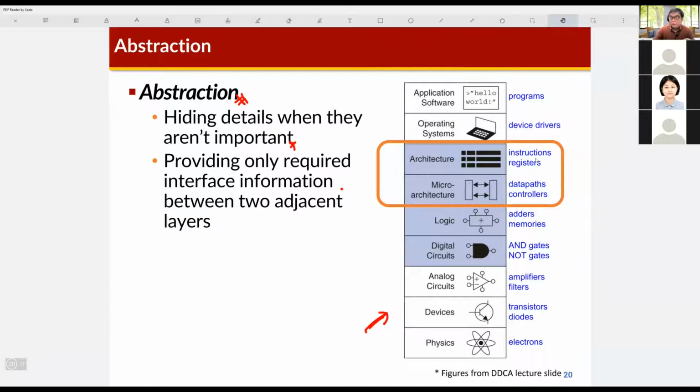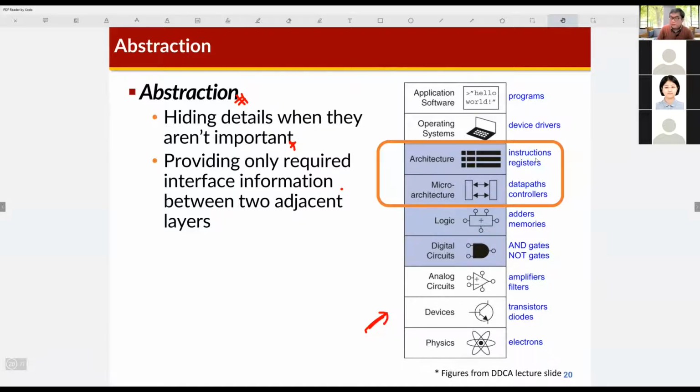So we don't need to understand all aspects of these layers. As researchers or engineers, we just focus on a specific layer of the computer system.